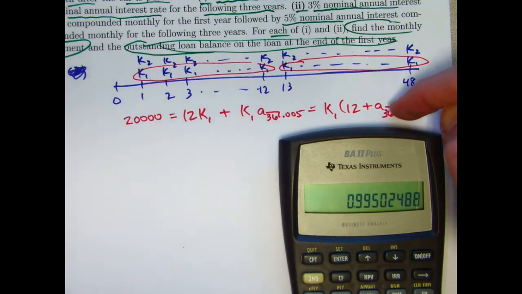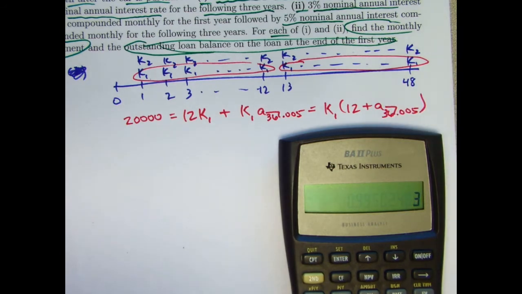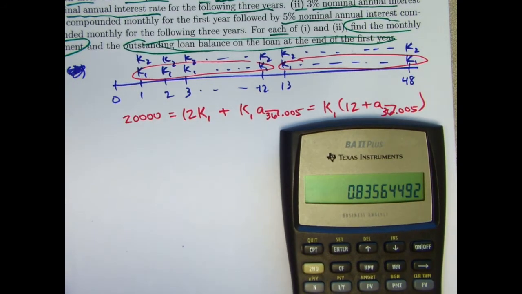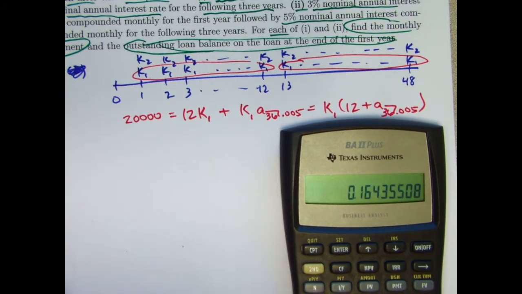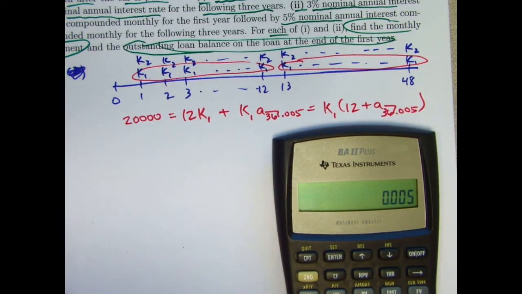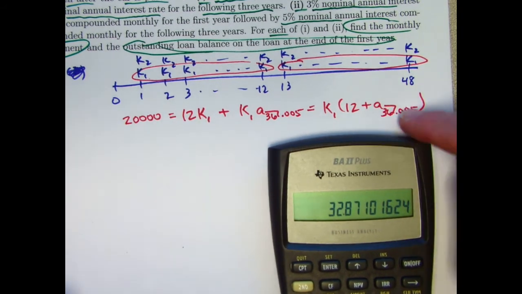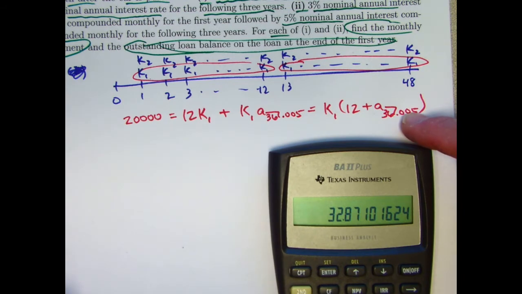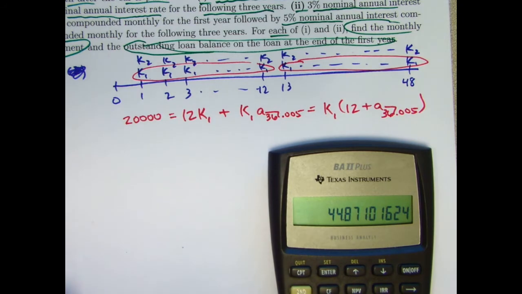We need to raise that to the 36th power, subtract that from 1, and divide by 0.005. So it looks like this value is about 32.87. I need to add 12 to that to get 44.87, then divide both sides by that.